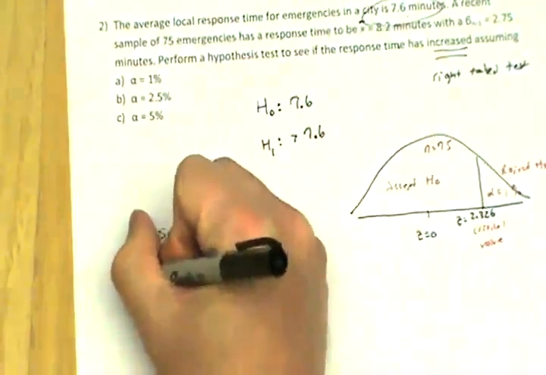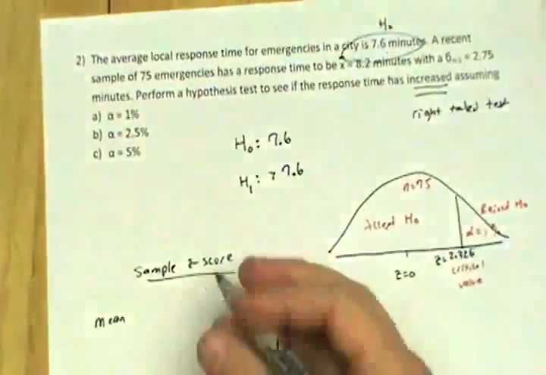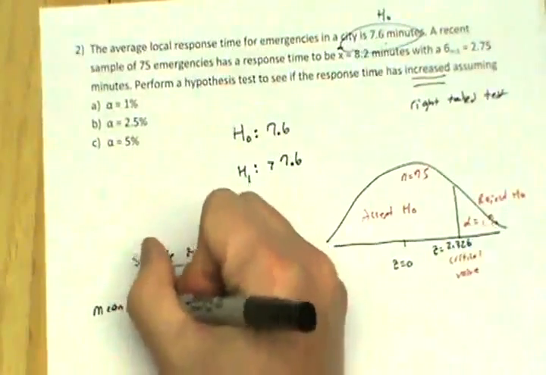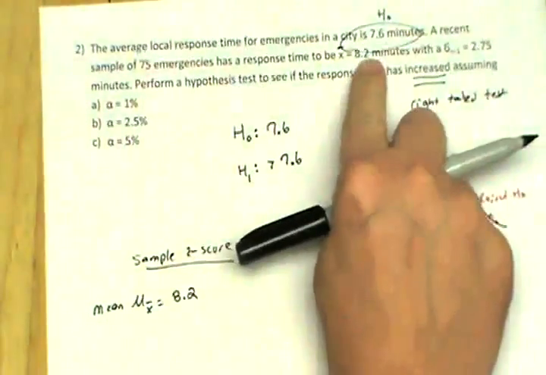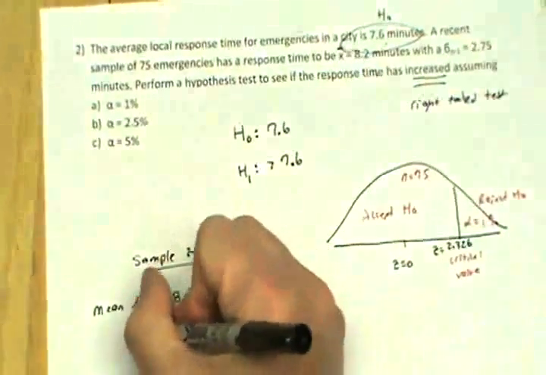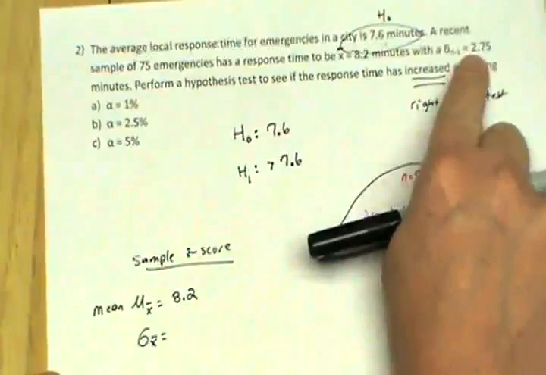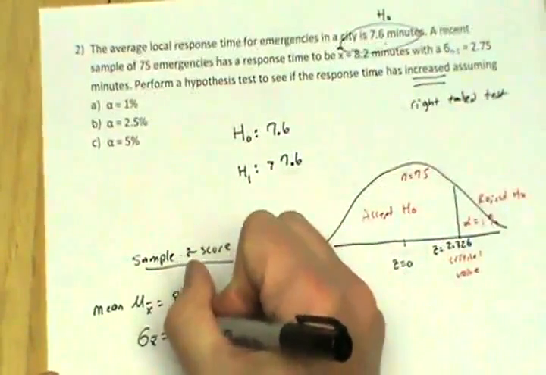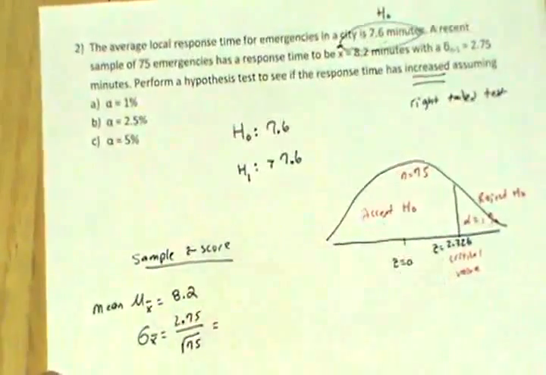So our sample has a mean. In this case it's a value question because we're talking about minutes. So mu sub x bar is 8.2 right here, that's our mean. Our standard deviation sigma sub x bar is the standard deviation that they told us, 2.75, but we have to divide that by the square root of the sample size because it's a sample.